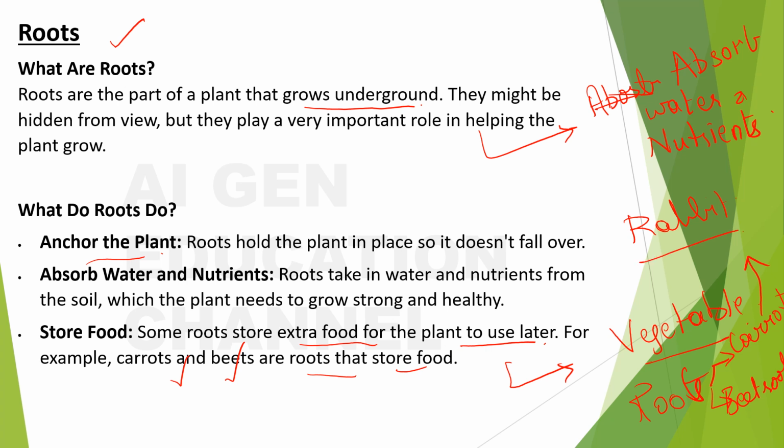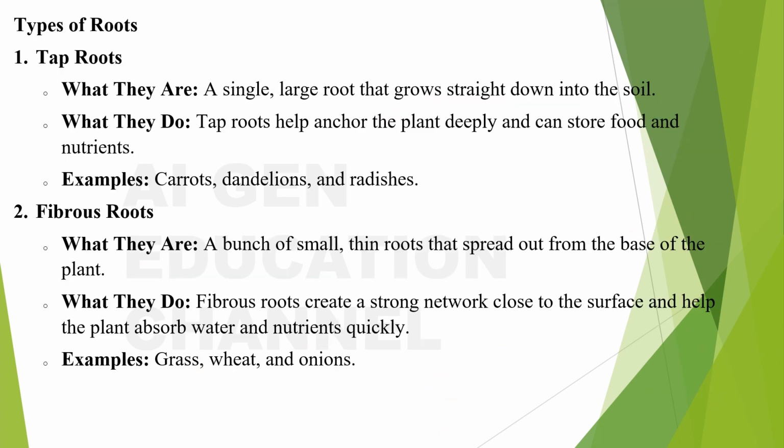So with that you can understand that the carrot is a root, and so is the beetroot. They store some extra food, and so we eat it. Because it has so many nutrients, it is very good to eat vegetables, because all the extra nutrients are stored in them.